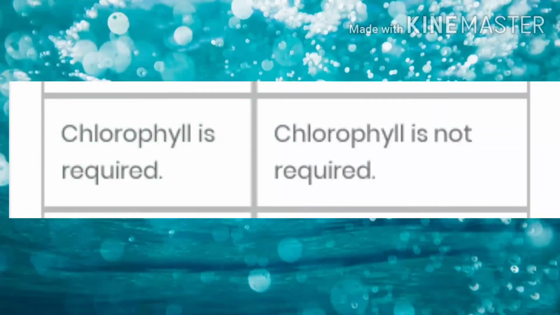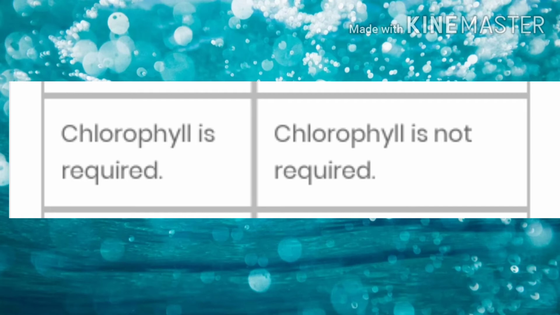So we know that for producing food in plants, they need chlorophyll because during the process of photosynthesis, chlorophyll absorbs the sunlight. So in the case of autotrophs, chlorophyll is required. Whereas heterotrophs depend upon the autotrophs directly or indirectly, so they don't need chlorophyll.